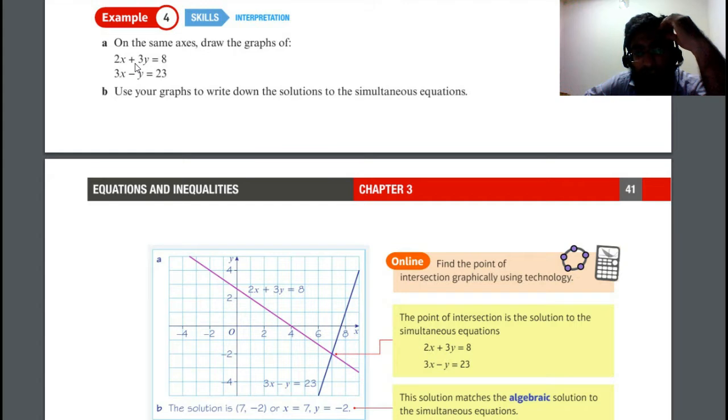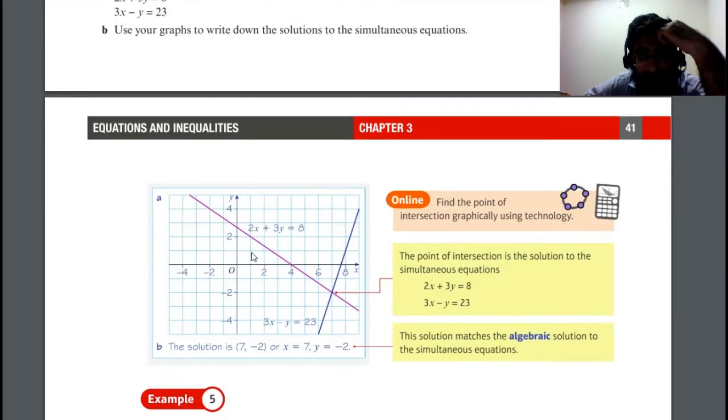So if there are two linear equations and a point is common to both, that x, y is there in equation 1 and in equation 2, it has to be the point of intersection of the two equations. See, there is this linear equation 2x plus 3y is equal to 8, and this other equation 3x minus y is equal to 23.